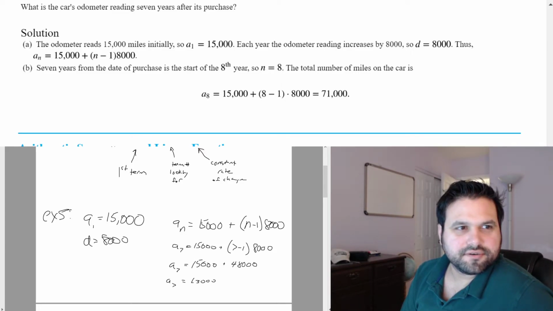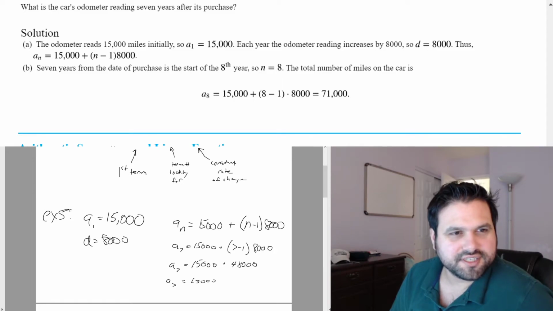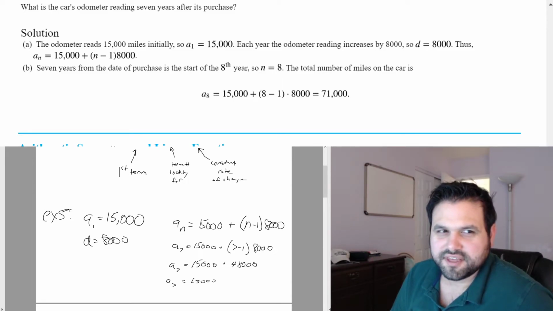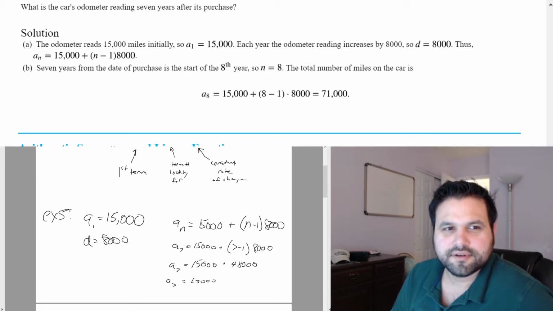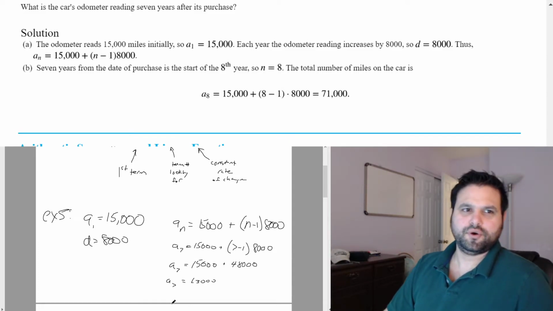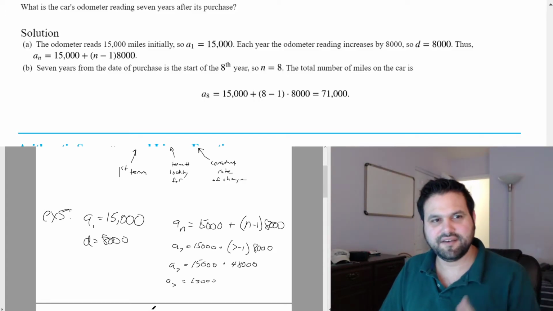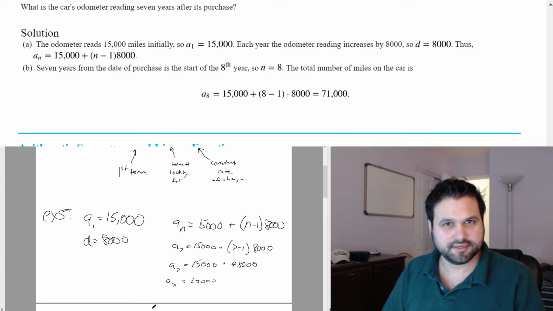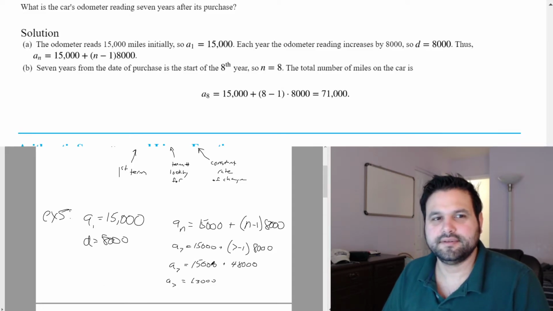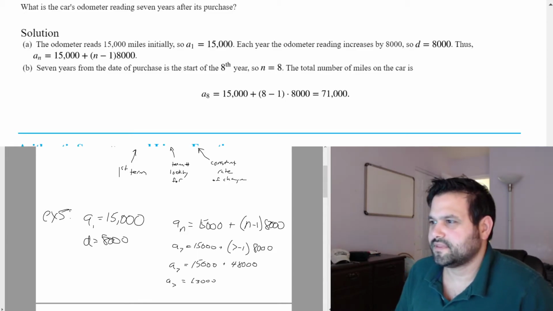What's the car's reading 7 years after its purchase? Technically speaking, 7 years from the date of purchase is the start of the 8th year. So n equals 8. They threw me a little curveball there. So instead of finding a sub 7, we would be finding a sub 8. My bad.